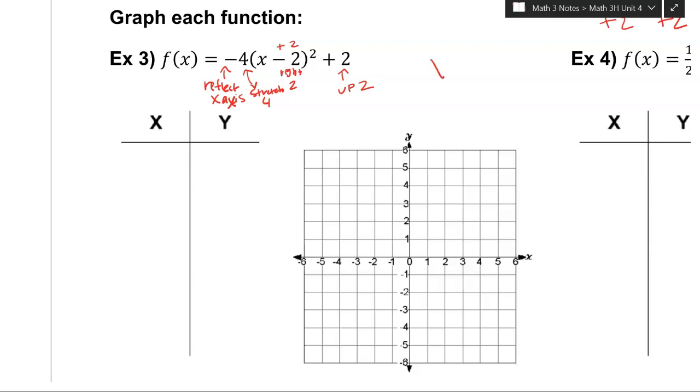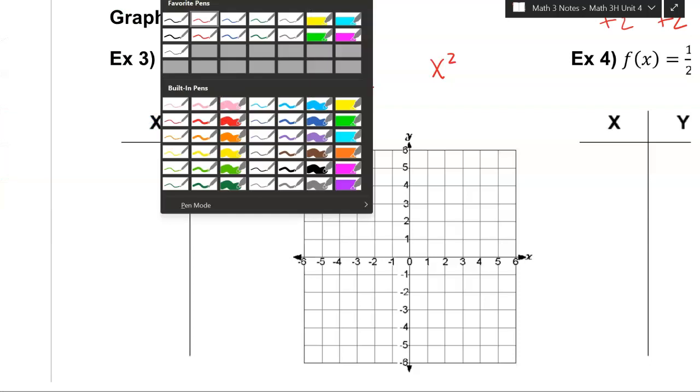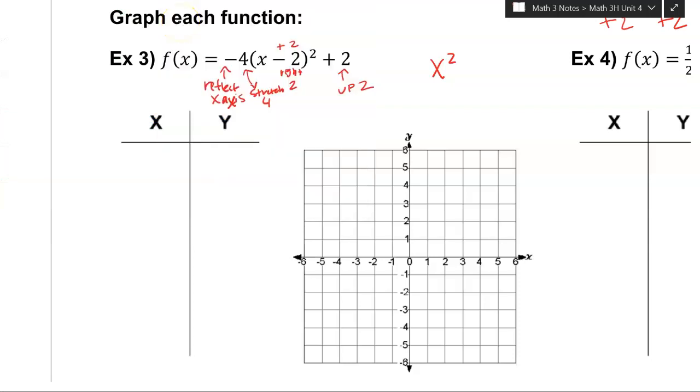It is an x squared graph, so I am going to graph my parent function. And it's going to be in black. I was trying to do it dotted, but can't really do that.